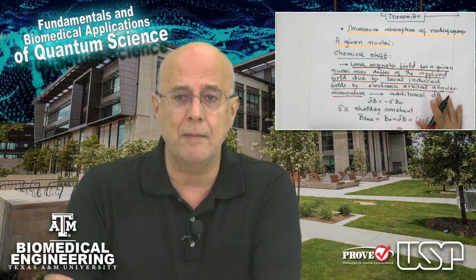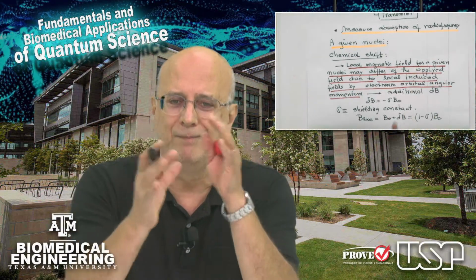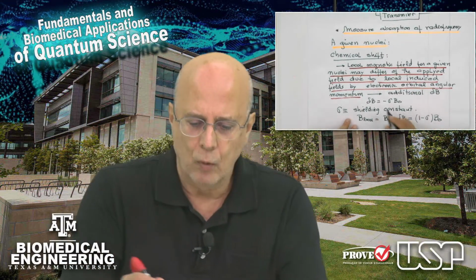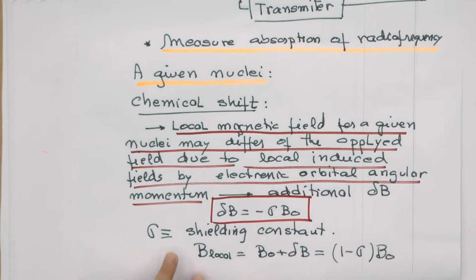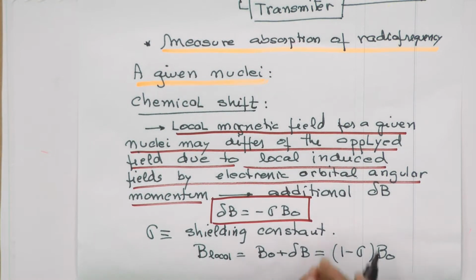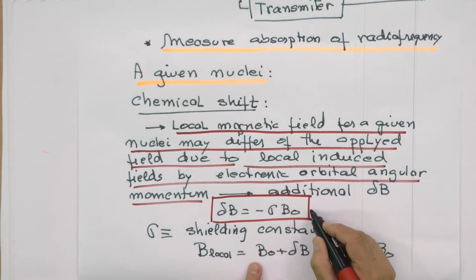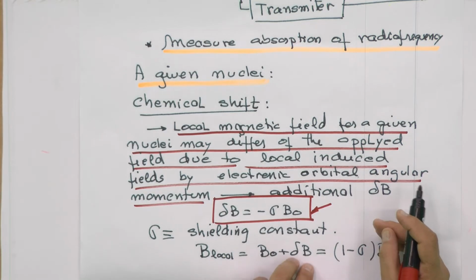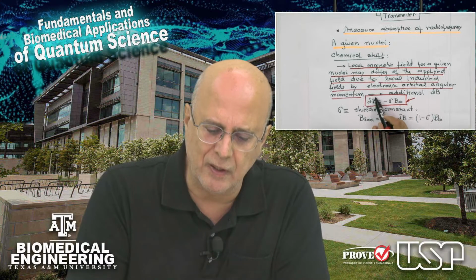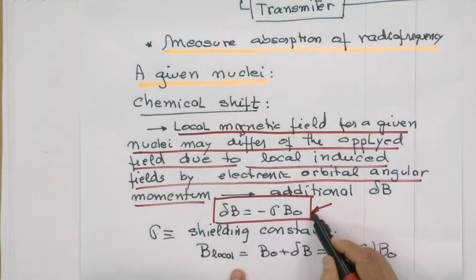At the end of the day, because of this local environment, we end up having a shift. I apply a field and there is a tiny variation on the field. What the spin really feels is a field with a variation due to the local part.